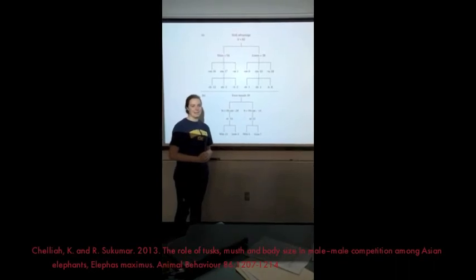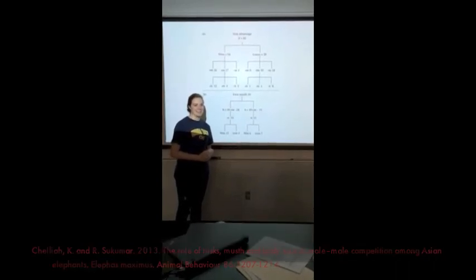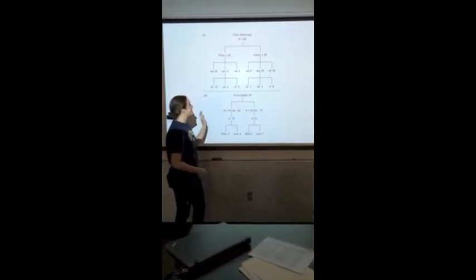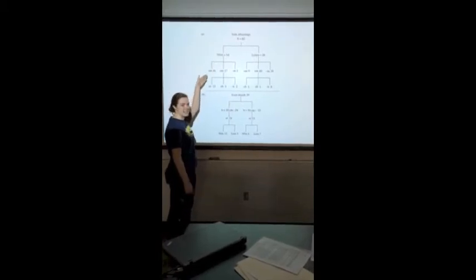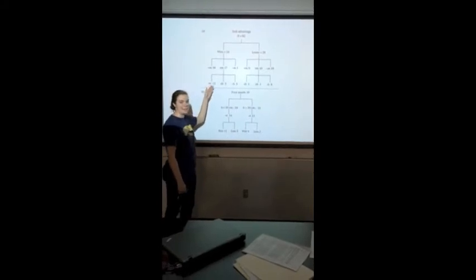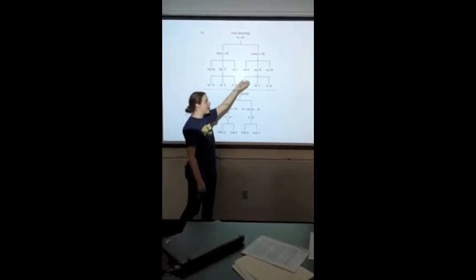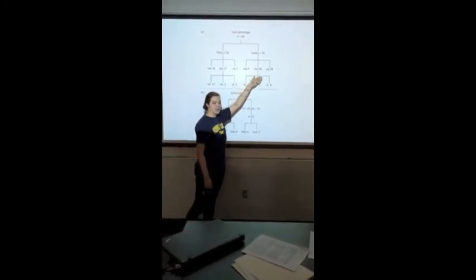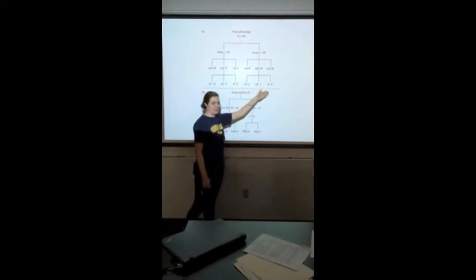54 of the 82 individuals that had a tusk advantage won. And within those wins, 36 of the individuals had a musk advantage and the majority had a body size advantage. Of the losses, most of them had a musk disadvantage and a body size disadvantage as well.